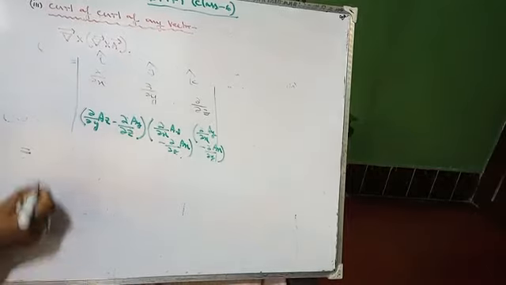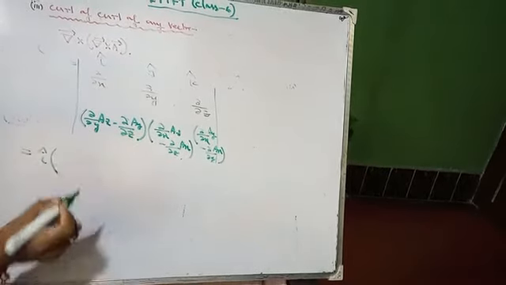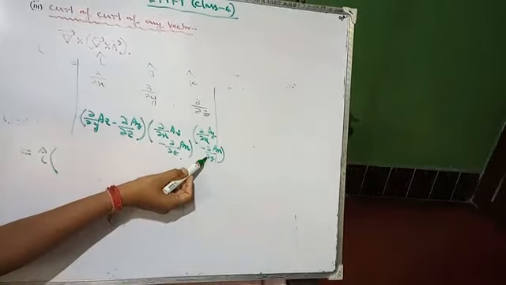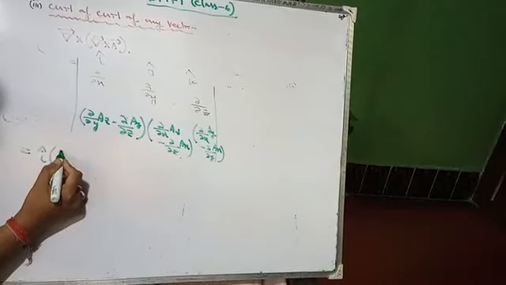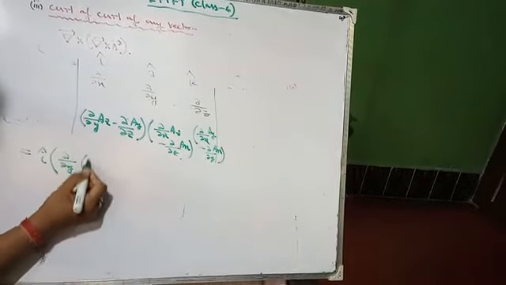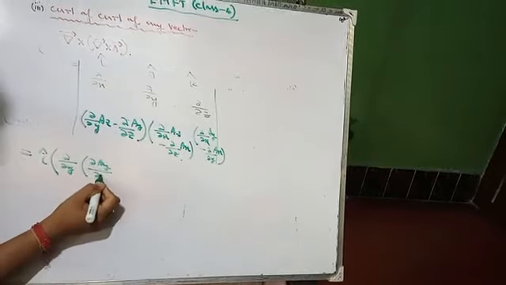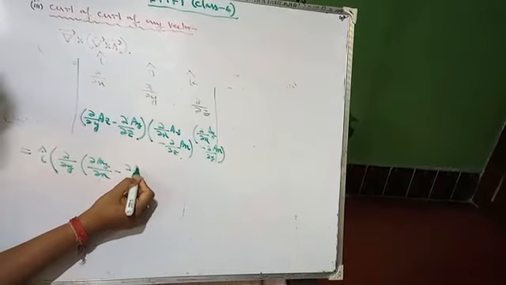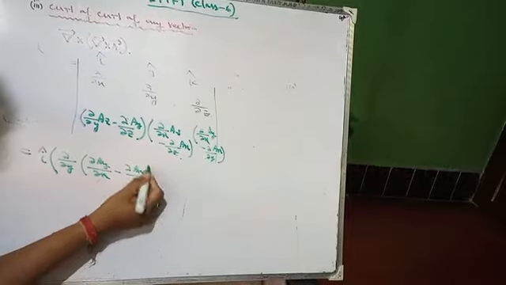So what happened? Taking i cap common, this one multiplied with this one, so it should be del del y of del ay del x minus del ax del y, right?